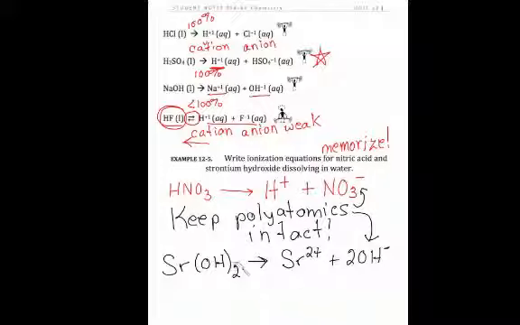We are not breaking covalent bonds. Now, do you notice when I took these apart here, that 2 went in the front, and that's because I had one strontium with the 2 hydroxides. And we took them apart.